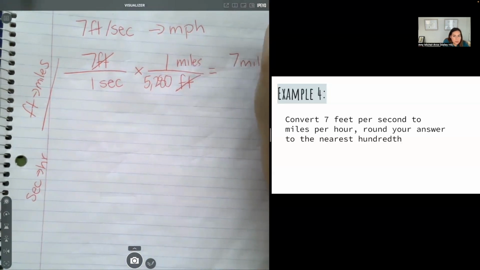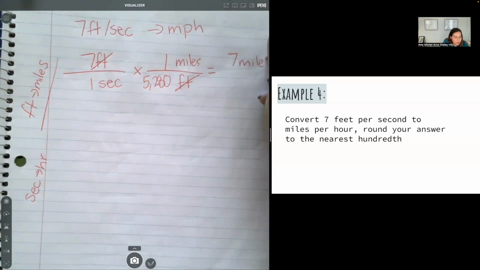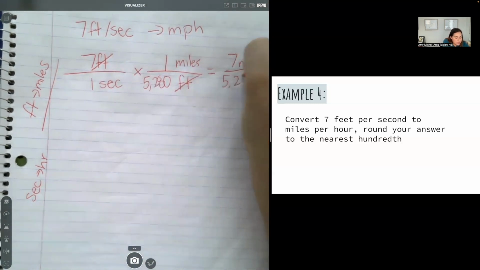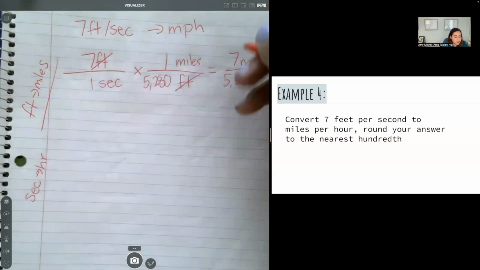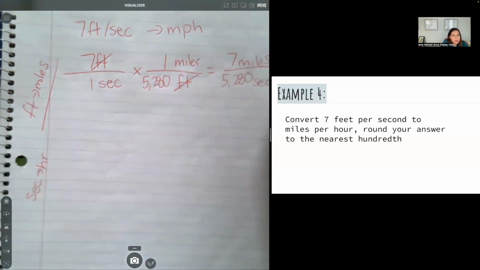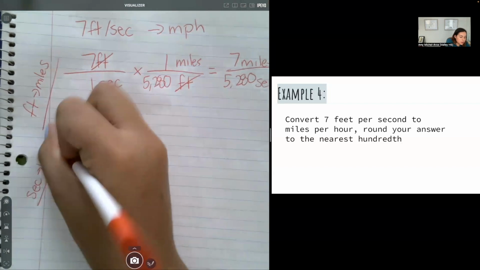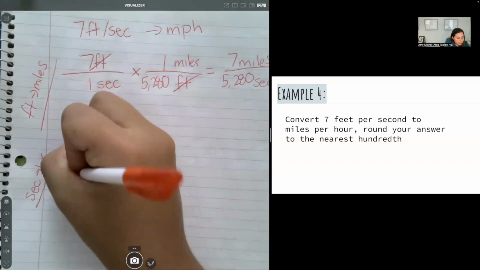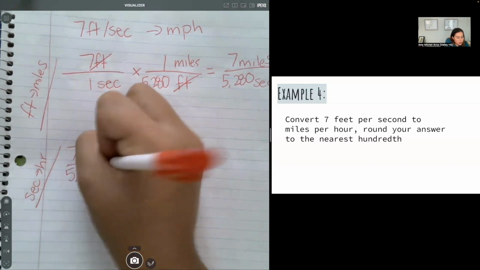The only unit left is mile. And then down here, 1 times 5,280 is 5,280. And the only unit down here is seconds. So that is what we're going to start with down here. 7 miles over 5,280 seconds.